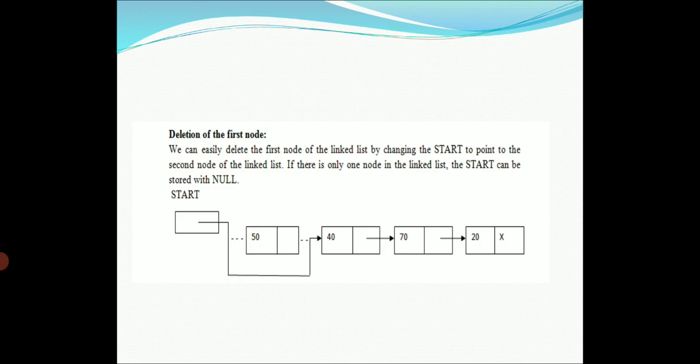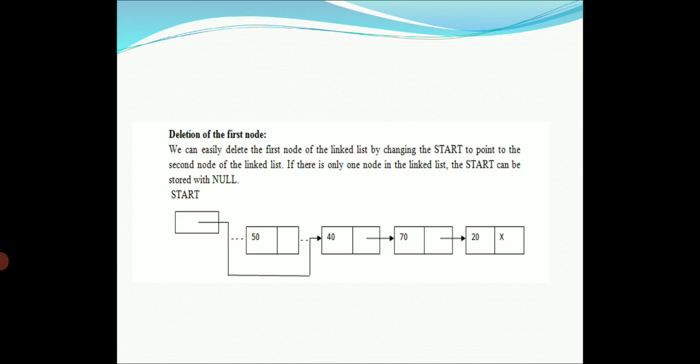Here start is the address of the first node, and this linked list contains four nodes: 50, 40, 70 and 20. The 50 is the first node, the 20 is the last node. The link field of the last node contains null, indicated here by an X.